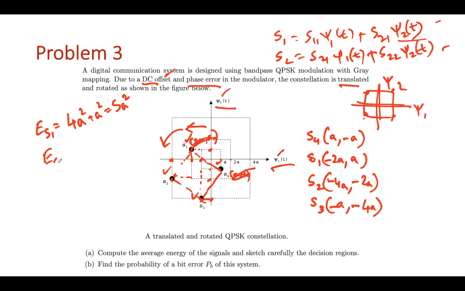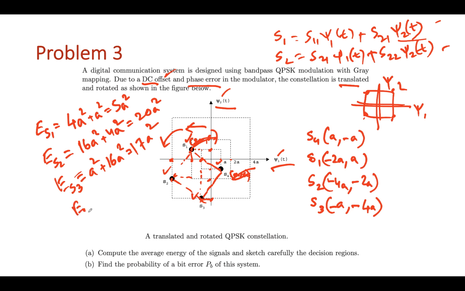For S2 this is 16A square plus 4A square, that is 20A square. For S3 this energy is A square plus 16A square, so that is 17A square.